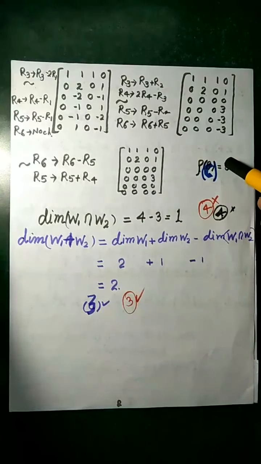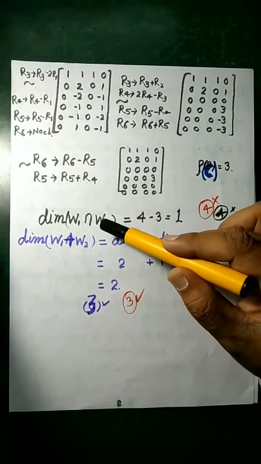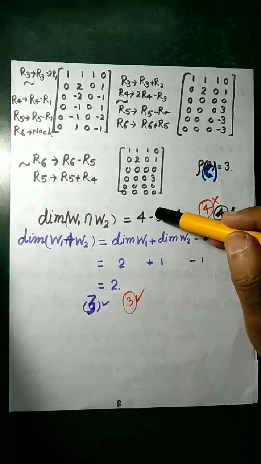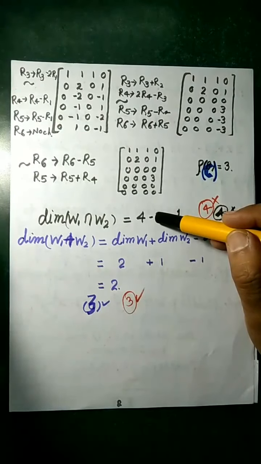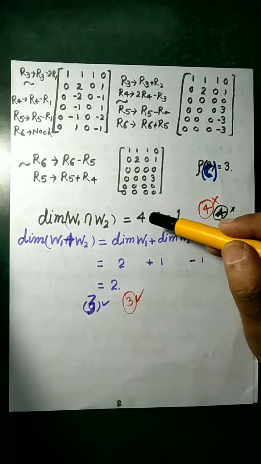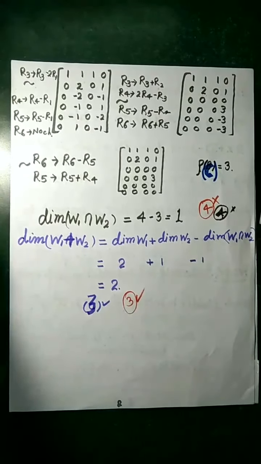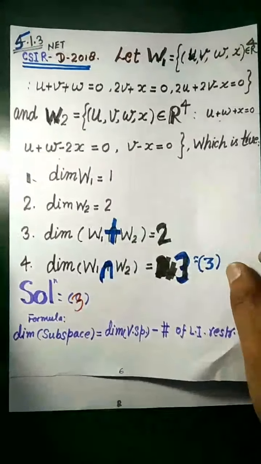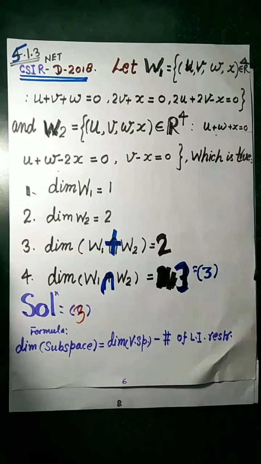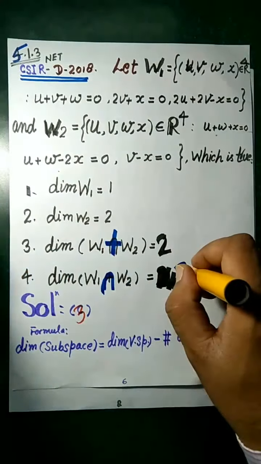The rank of C is 3. Therefore, the dimension of W1 intersection W2 is the dimension of R4 minus the number of linearly independent restrictions, which is the rank. So the dimension of W1 intersection W2 is 1. Here it is given that the dimension of W1 intersection W2 equals 3. So this option is also not true.